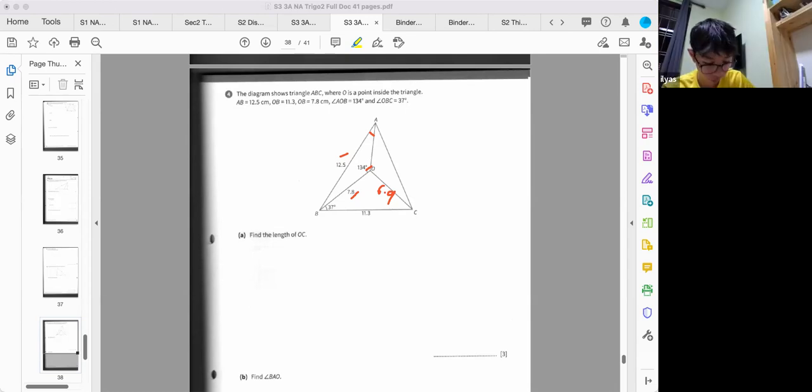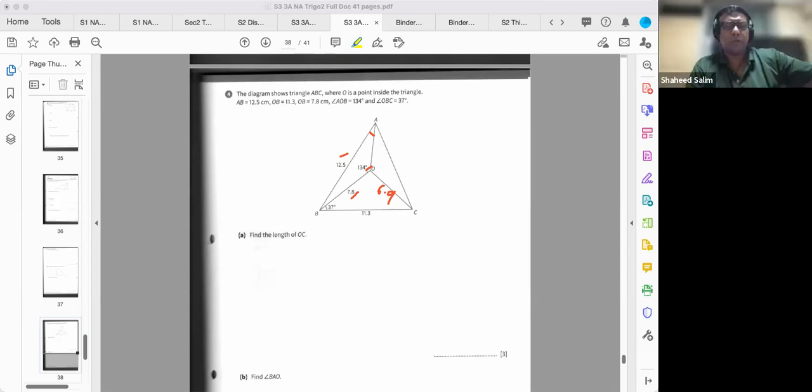I don't know why I got 0.011. Did you inverse sine?